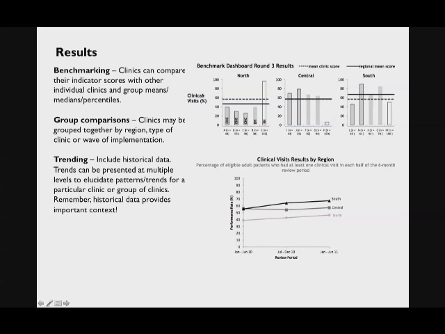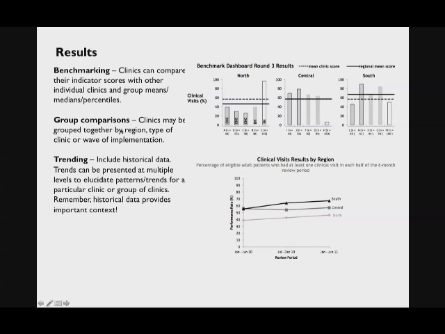Here we have clinical visits percentages, and the solid line going across these bar charts is the regional mean score, and the dotted line is the mean clinic score for all of the clinics regardless of the region. This type of chart would really quickly let me benchmark a particular clinic with the mean of the region and the mean of all of the clinics.